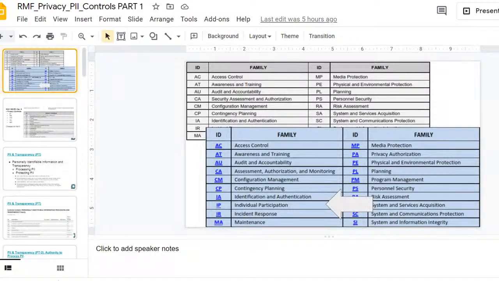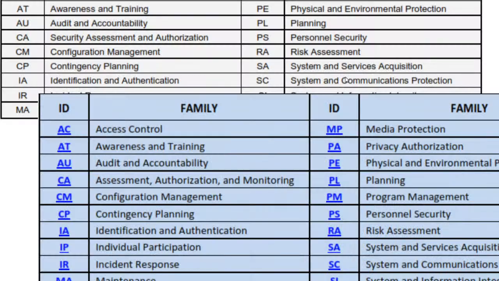Here it is right here. Let me give you an overview here. So whenever I've showed the privacy, this is the NIST control families, first of all. And you'll notice that the NIST control families has this one right here.